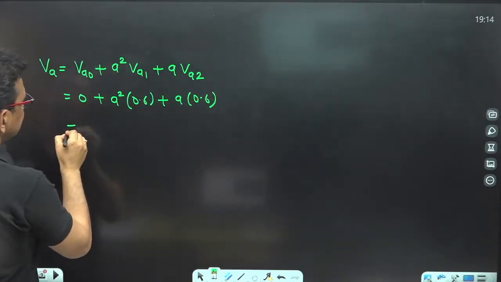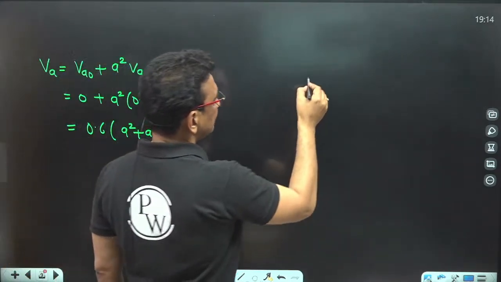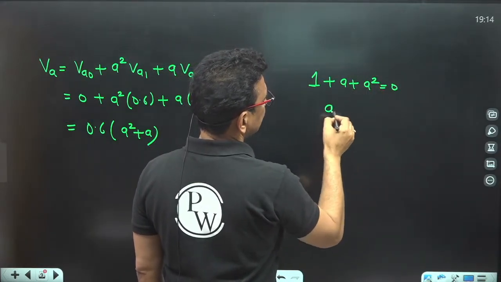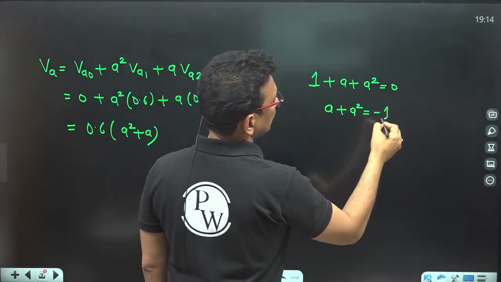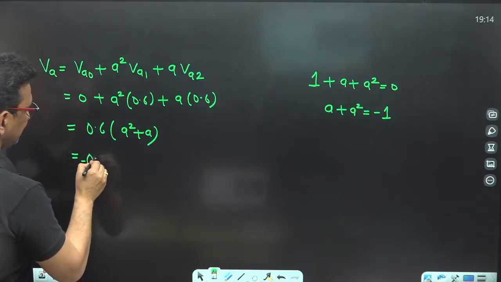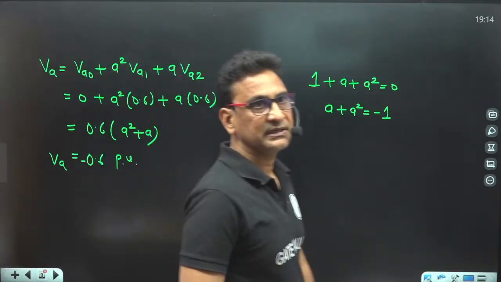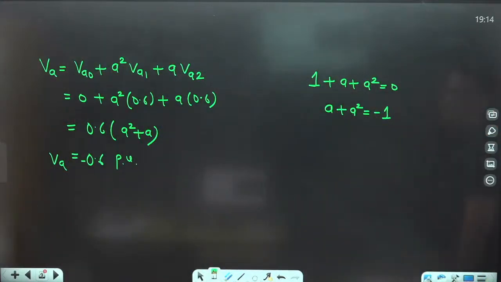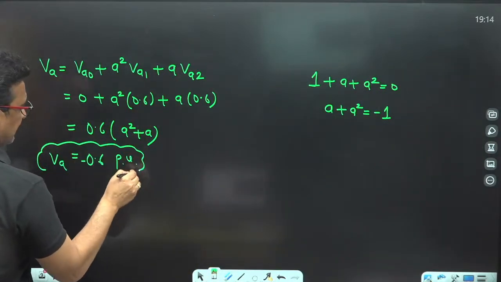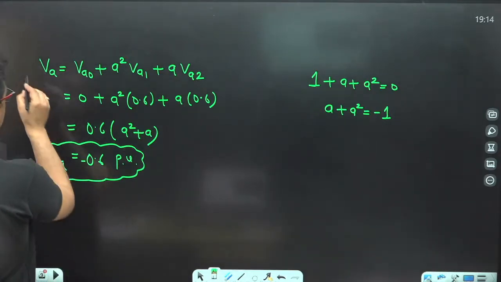If I take 0.6 as a common term, it becomes a square plus a. As we all know that 1 plus a plus a square is equivalent to 0, that means a plus a square is nothing but minus 1. So it becomes minus 0.6. So in terms of pu, you get the value of VA as minus 0.6 pu. Clear? So this is my VA voltage in pu terms. Now let's find out the VB.